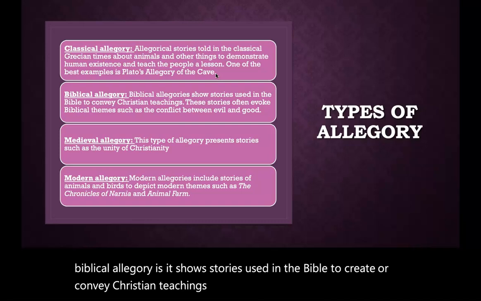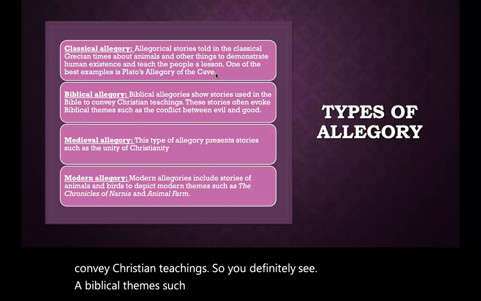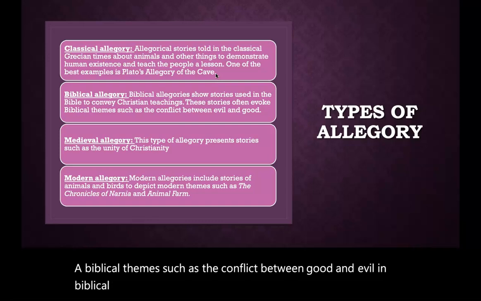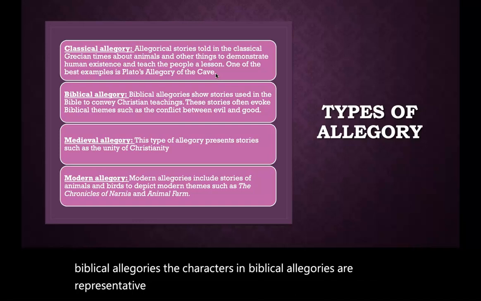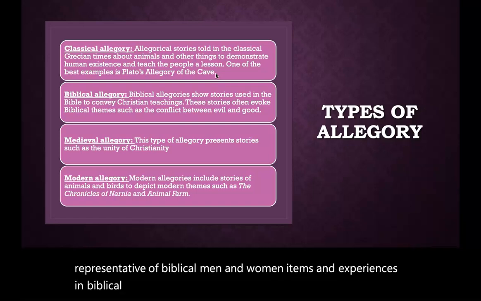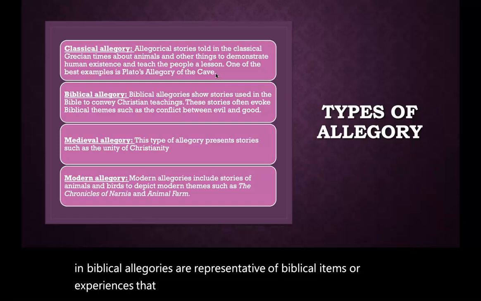You definitely see biblical themes such as the conflict between good and evil. The characters are representative of biblical men and women. Items and experiences are representative of biblical items or experiences that are told in the Bible itself. So Pilgrim's Progress is a biblical allegory.